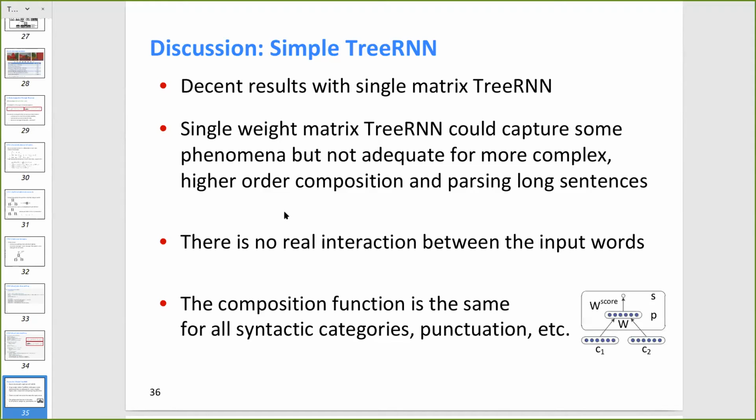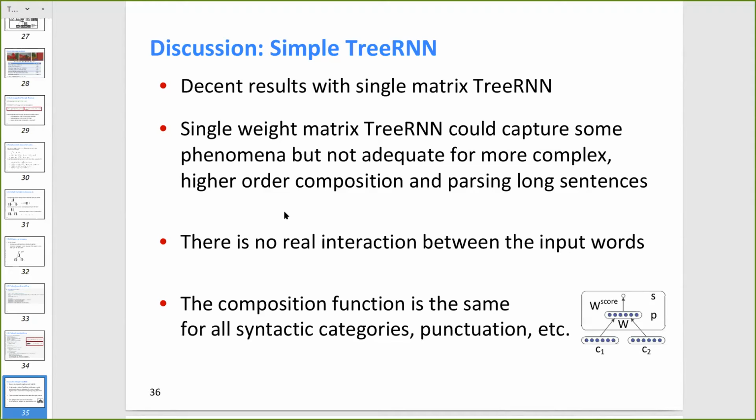And whatever composition function we have, whenever we are merging something, there is actually no differentiation for different syntactic categories. So whatever the words or inputs are, they're merged using the same composition function.